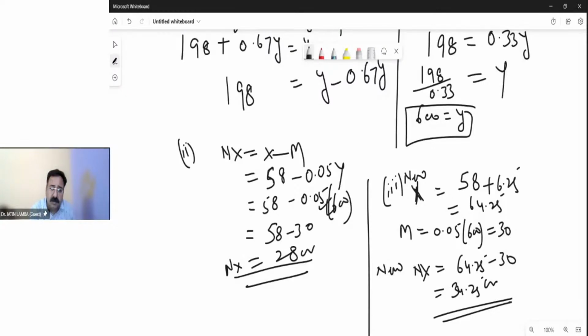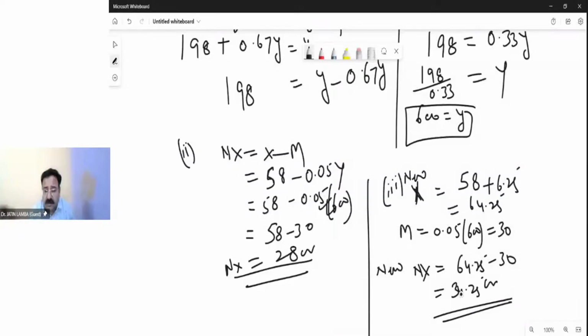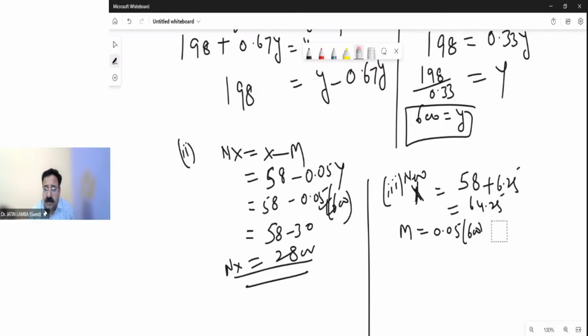Just a minute. Okay, the equilibrium level will also change. See, here you have to calculate export again, beta. Now our export is 64.25, right? But not 600.